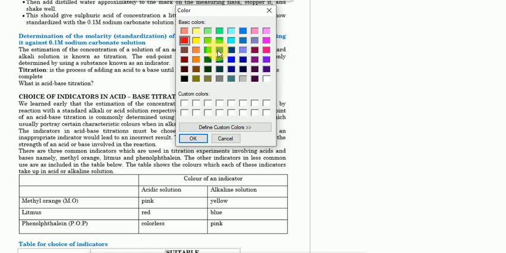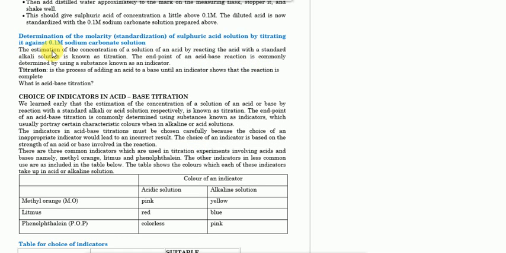So what we are saying ni kwamba kwenye hiyo concept tunasema kwamba estimation of concentration of solution of an acid by reacting it with the base, by reacting the acid with a standard alkali solution, is known as titration.